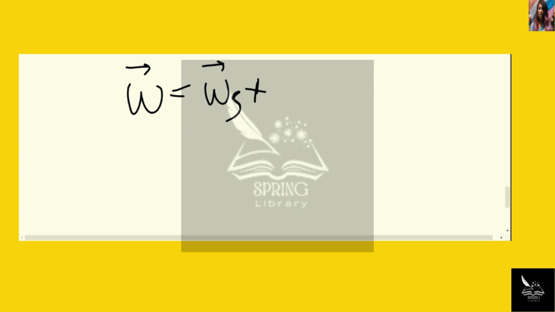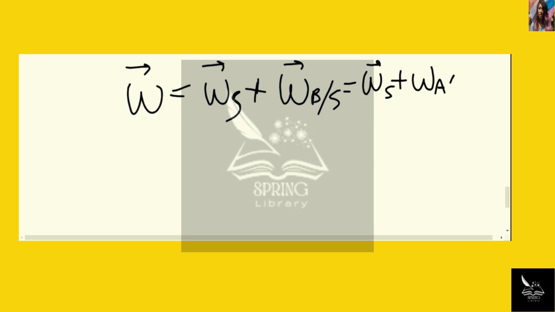The common angular velocity equals the vector sum of the angular velocity of the shaft plus the angular velocity of gear A or B, whatever, just B, relative to the shaft. Which again is exactly the same for gear A.